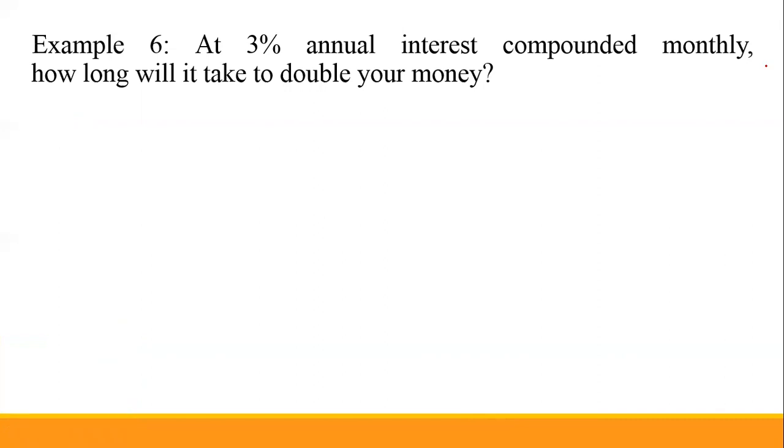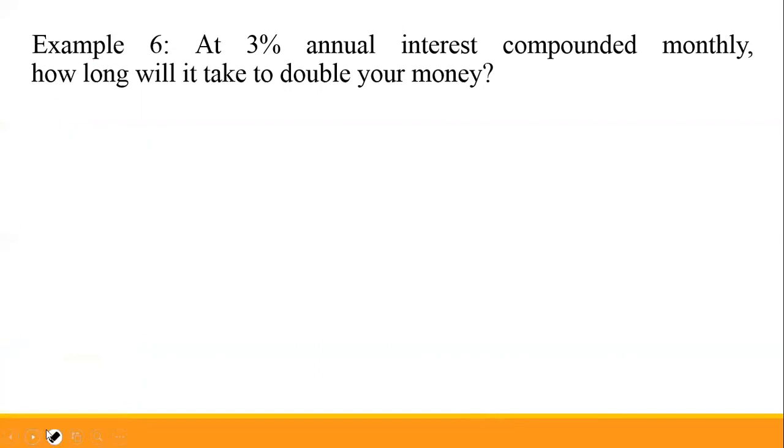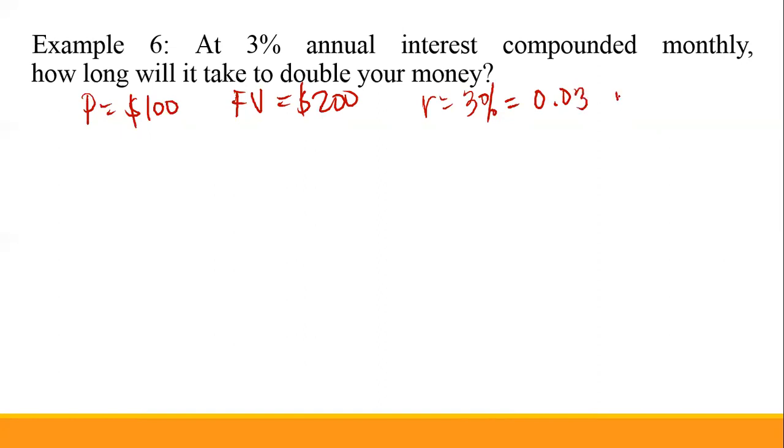So, yung magiging principal natin is $100. Okay? And the future value is $200. So, given na yung annual interest rate natin na 3% or this is 0.03, with the number of times compounded per year.